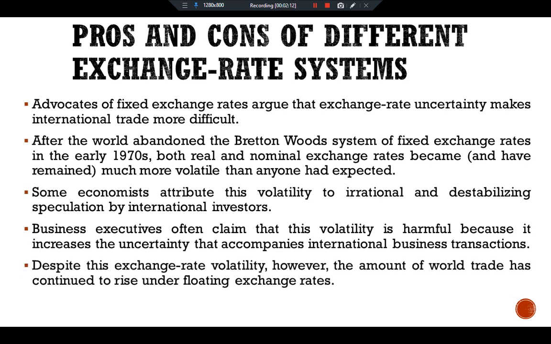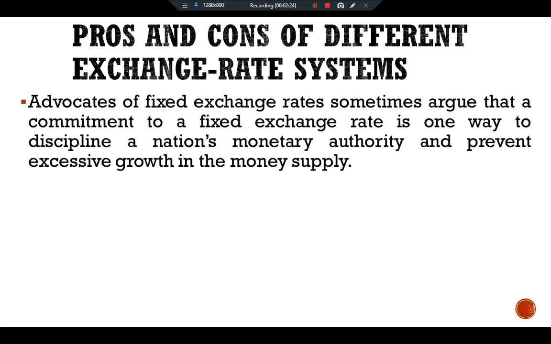Despite this exchange rate volatility, however, the amount of world trade has continued to rise under floating exchange rates. The advocates of fixed exchange rates sometimes argue that a commitment to a fixed exchange rate is one way to discipline a nation's monetary authority and prevent excessive growth in the money supply.